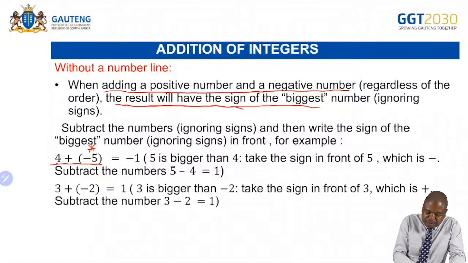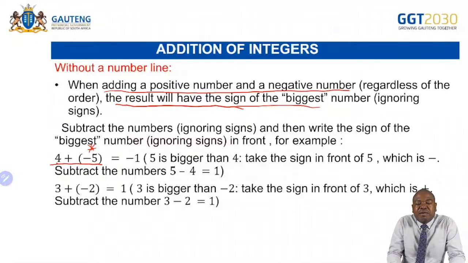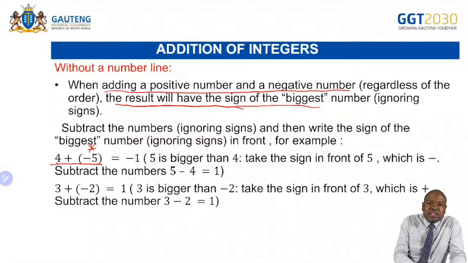But here's another example where we added negative 2 to 3. It was 3 plus negative 2. If we check these two numbers, which number has got a greater numerical value, ignoring the signs? It is 3.